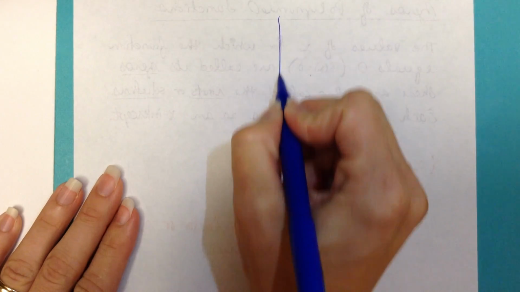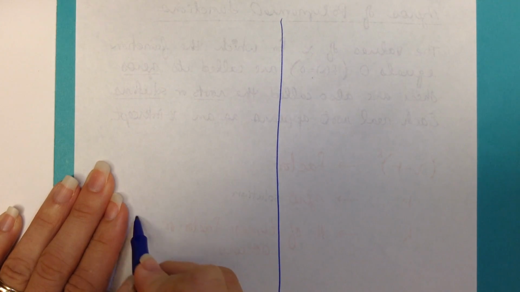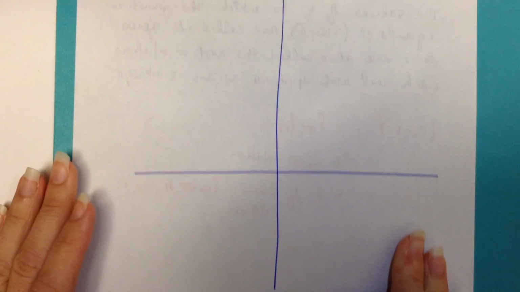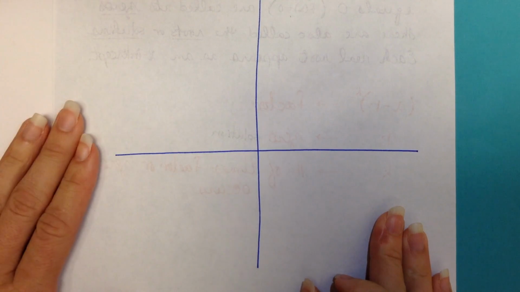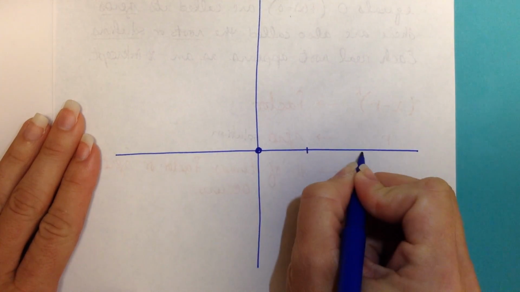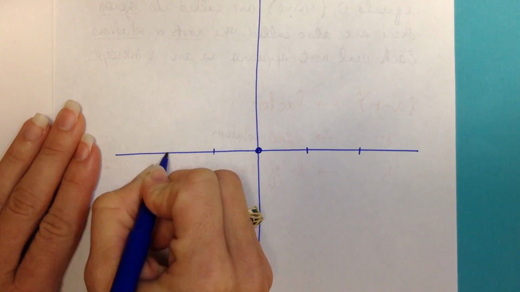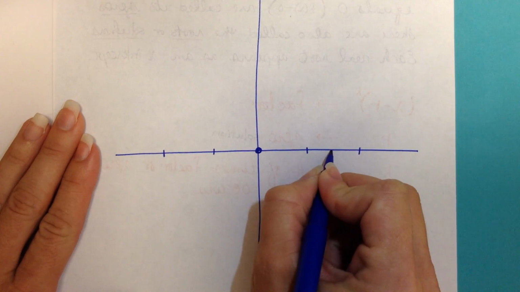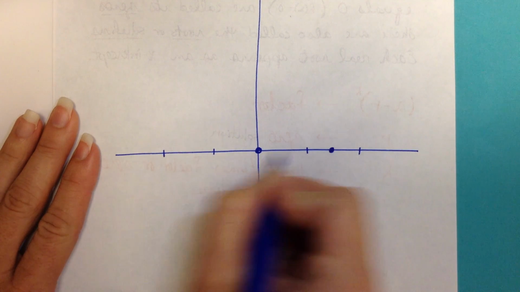Okay, using this information to graph, piece of paper here. Okay, so I had an x-intercept at 0, 0. Now my other x-intercepts was about 1.4 and -1.4.